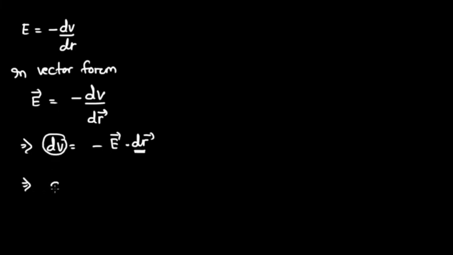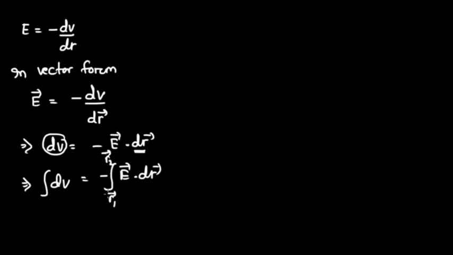So if I integrate dV, then I have to integrate this quantity minus E dot dr. So integration of dV is equal to minus of integration of E dot dr. And here the limits will be r1 vector to r2 vector, meaning the initial position vector is r1 vector and finally the vector is r2 vector.